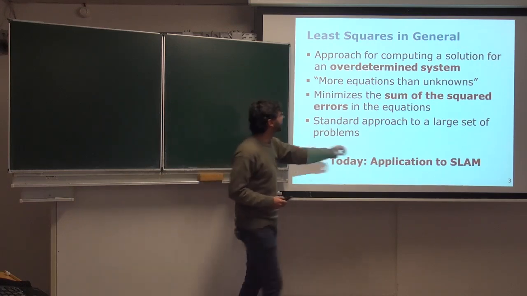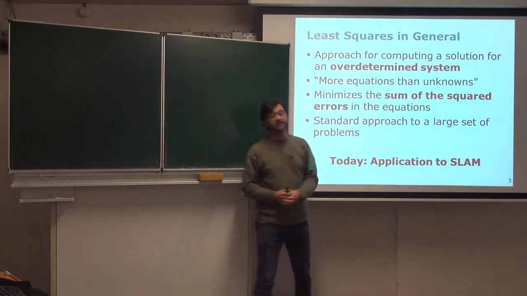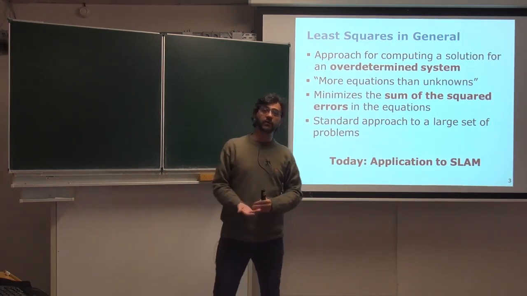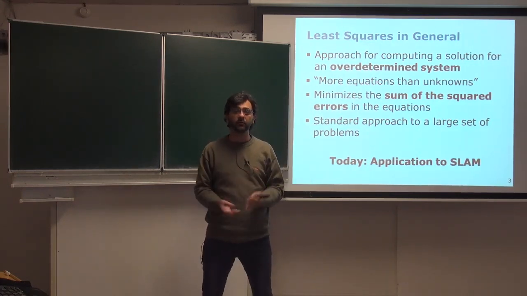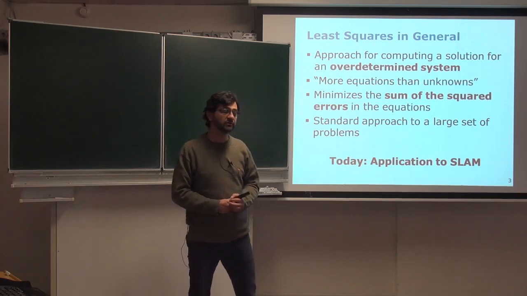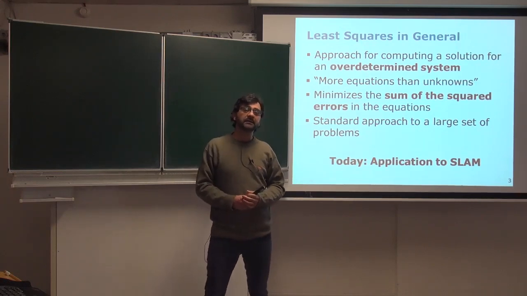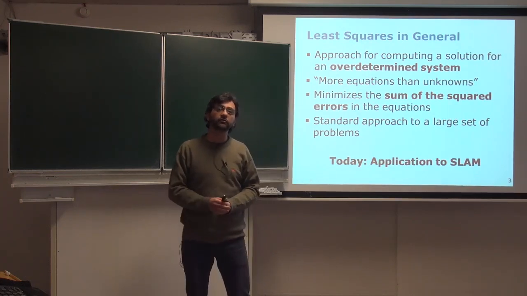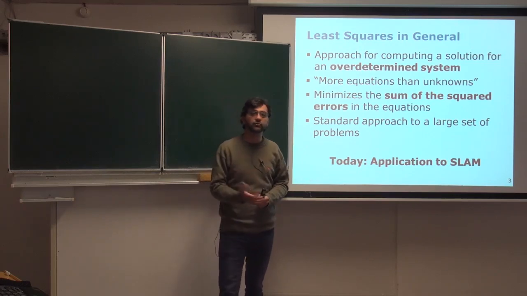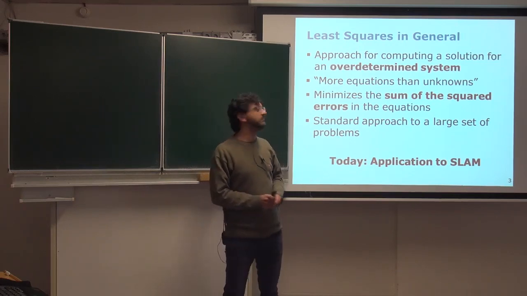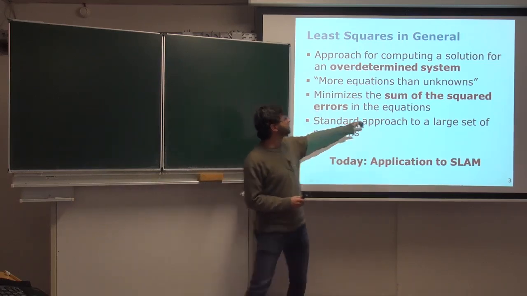Overdetermined basically means that we have more equations than unknowns in our system of equations, and it also means that there might be no unique solution, or no solution at all, so we are going to find a solution for our unknowns that minimizes a certain error.